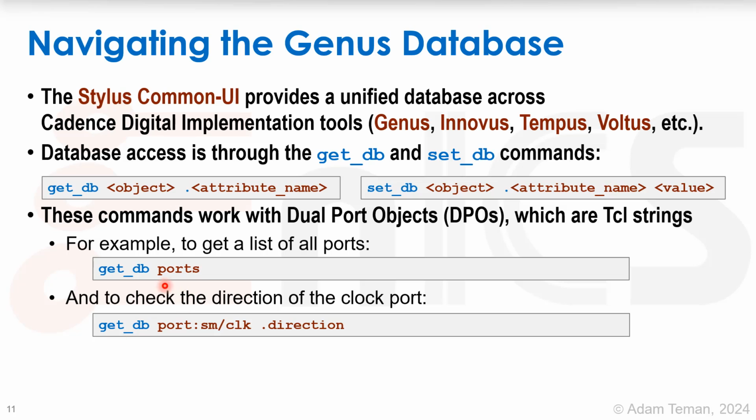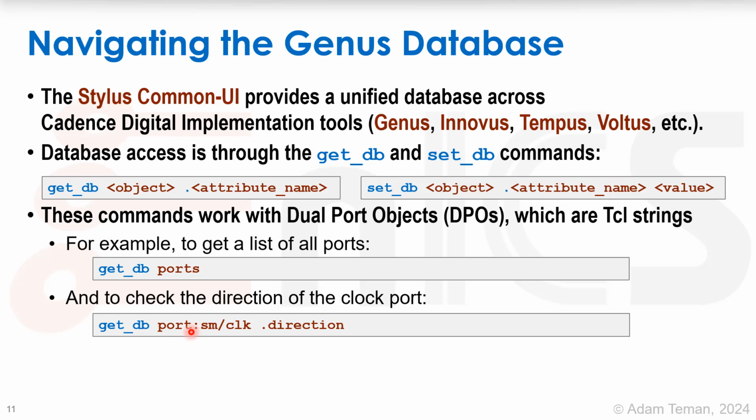Okay, so each of these types of things that we have here, the DPOs, they have lots of attributes. So I want to get the direction of the clock port. I do get_db, and I get the name of the DPO, which is port colon. So that's the type of object, then the colon, and then the name of the object. It's going to be called SM/clock.